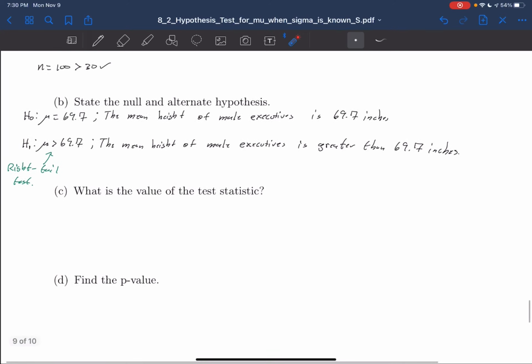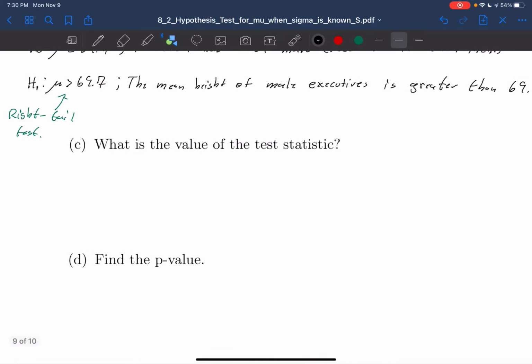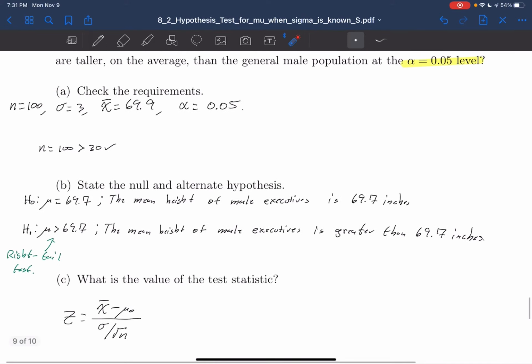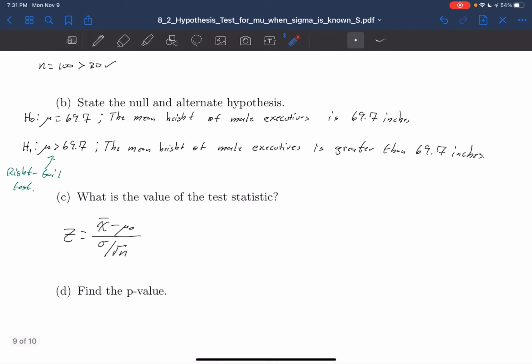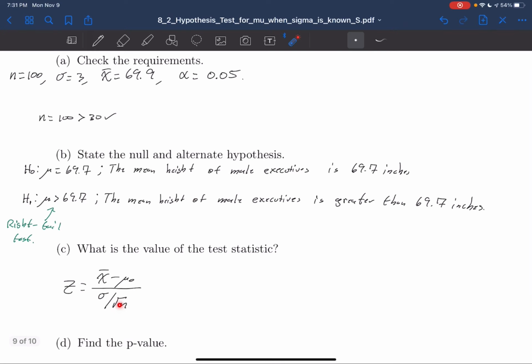Okay, now we're going to do some analysis. We want to find the value of our test statistic. So this is going to be z is equal to x bar minus mu naught divided by sigma divided by the square root of n. We know all these values. We know x bar, which is 69.9. We know sigma, which is 3. We know our sample size n, which is 100.